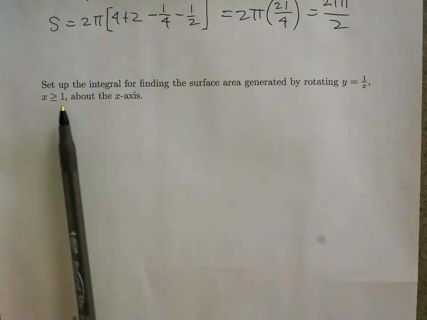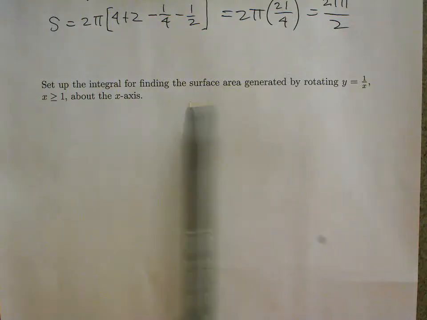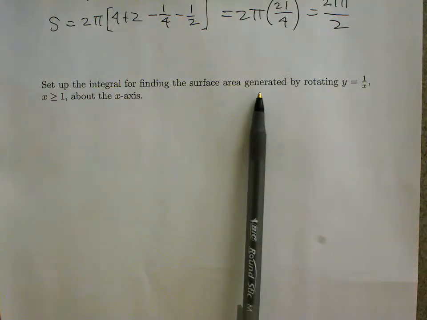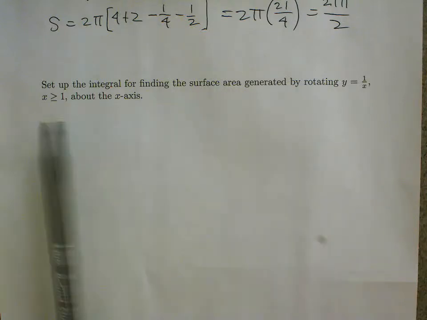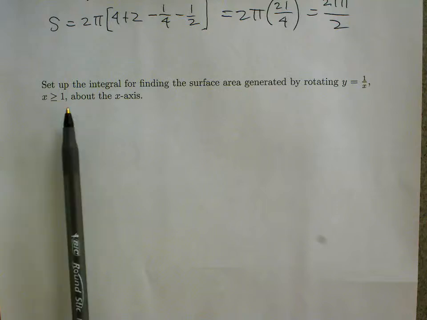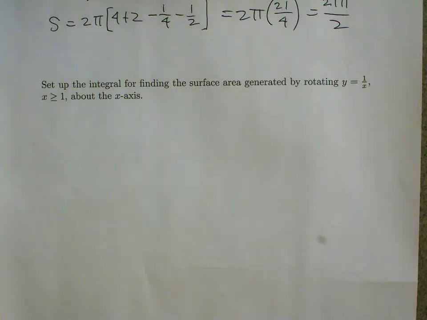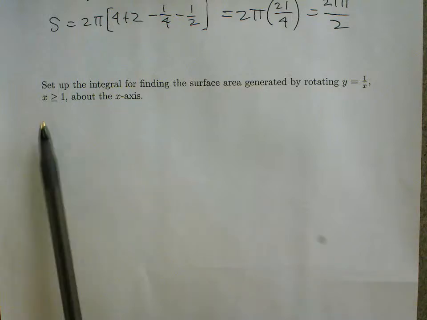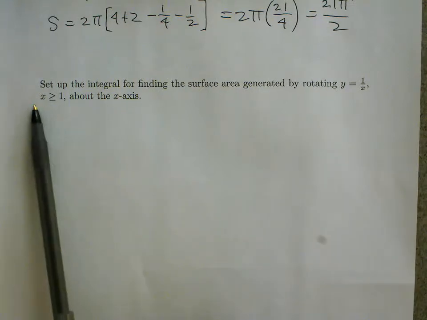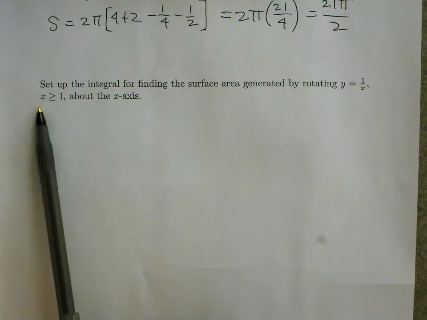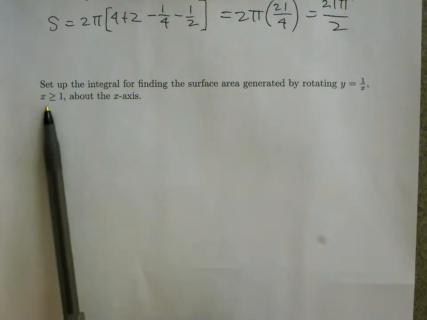Let's set up the integral for finding the surface area generated by rotating y equals 1 over x for values of x greater than or equal to 1 about the x-axis. Okay, so just observe what's implied by x values greater than or equal to 1.